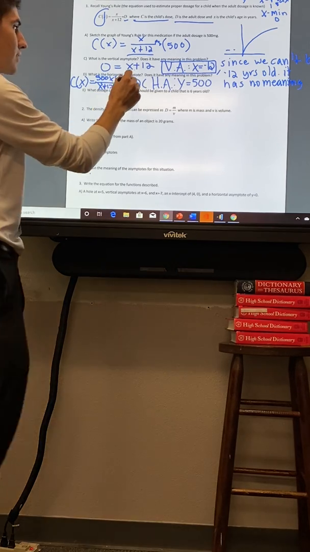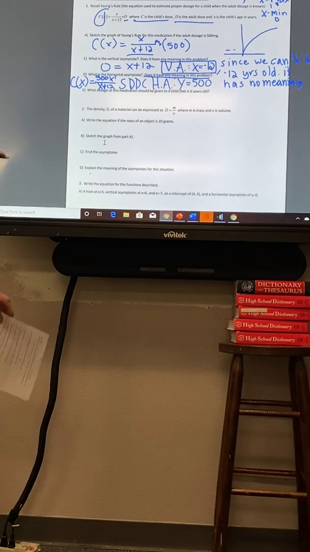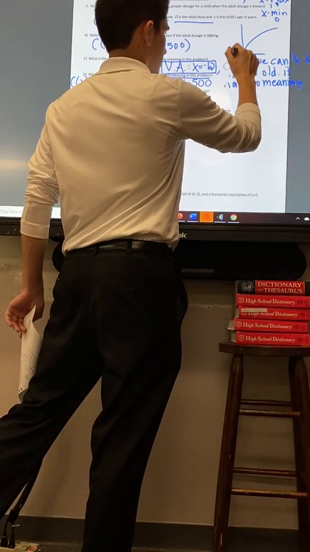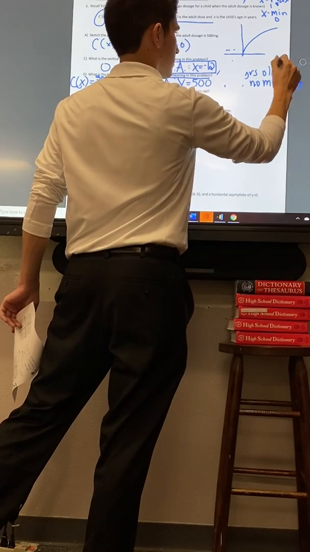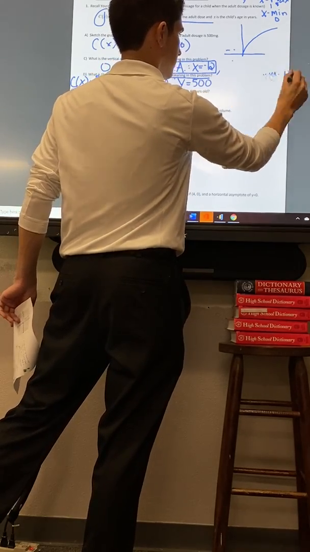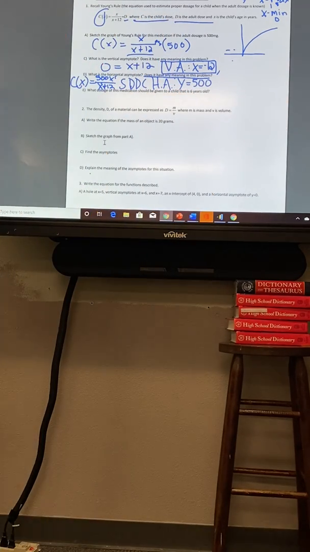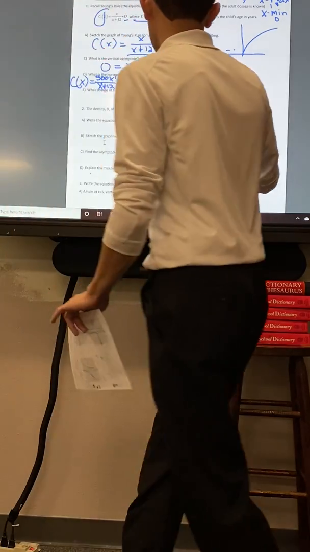So does this have any meaning to the problem? So I would accept 2 answers here. So I'm going to go ahead and erase our meaning over here real quick so I can explain. So here we can have two separate answers. The answer that first came to my mind is that this has no meaning.